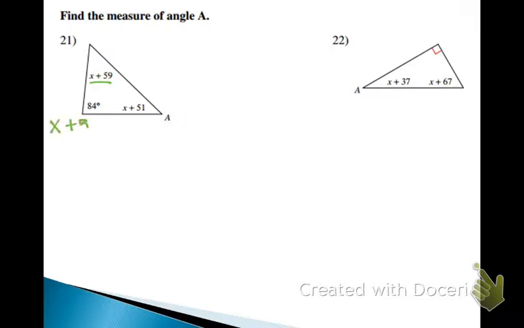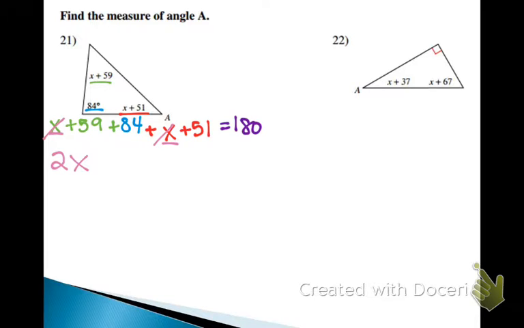So we're going to add them all up. We take x plus 59, add it to 84, add it to x plus 51, and they will equal 180. All right, so what does x and x make? 2x.